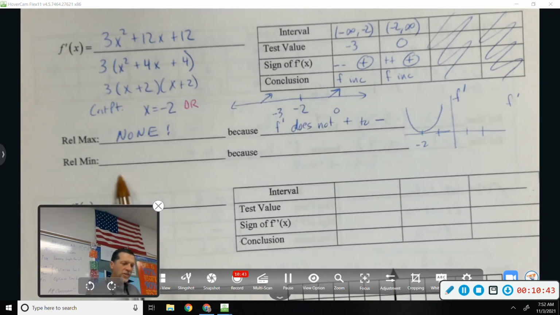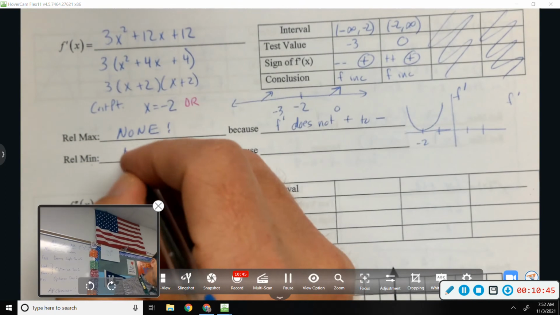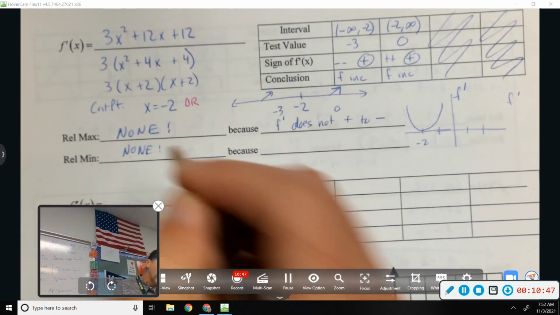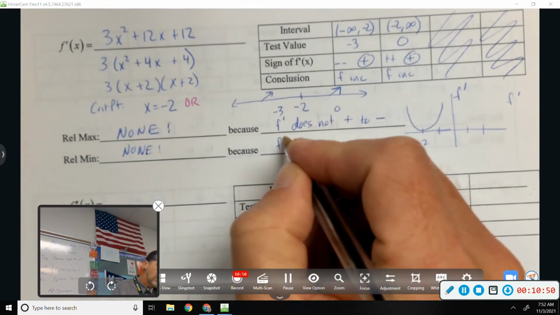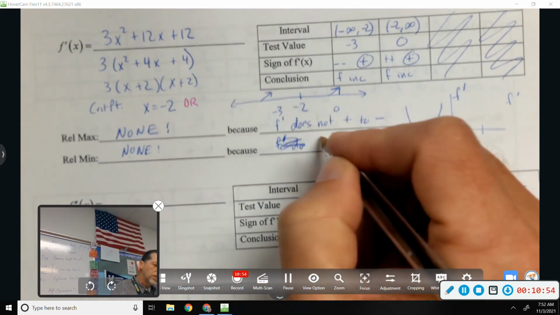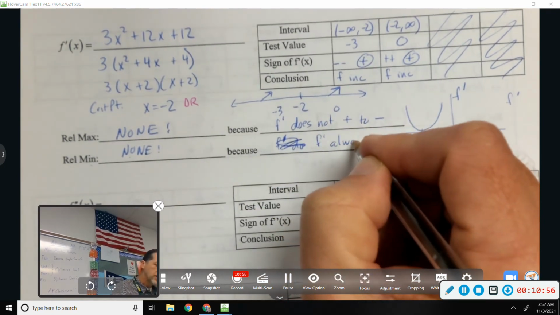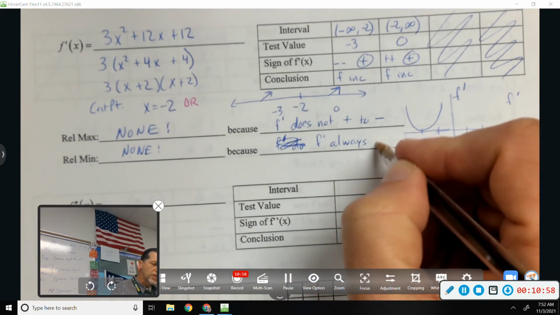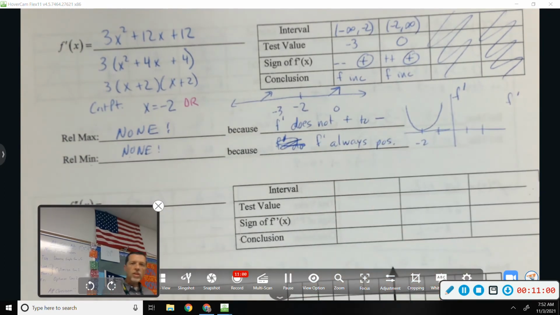How about relative min? No, and same reason. Well, I guess not exactly the same reason. F prime. You know what? I'm going to say f prime is always positive. So I'll give a slightly different reason. If you just want to stick with f prime doesn't change negative to positive, that would be okay.